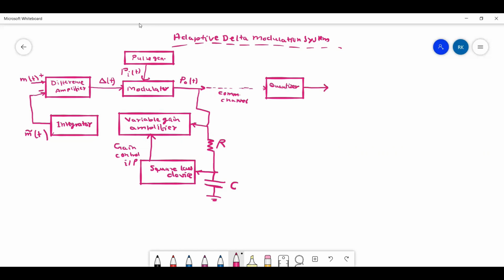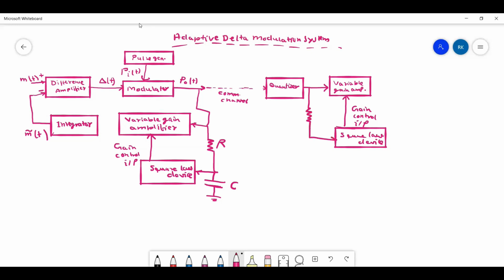From there, it again goes to a variable gain amplifier, run by a gain control input, which in turn is run by a square law device, and there is an RC circuit at this end also, and this circuit is matched with the circuit at the previous end.